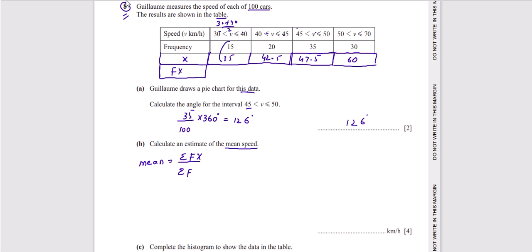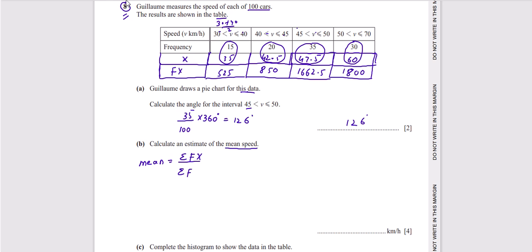Multiply these values. 15 multiply with 35, we get 525, and 20 multiply with this value, we get 850, and 35 multiply with 47.5, we get 1662.5, and 30 multiply with 60, that is equal to 1800.